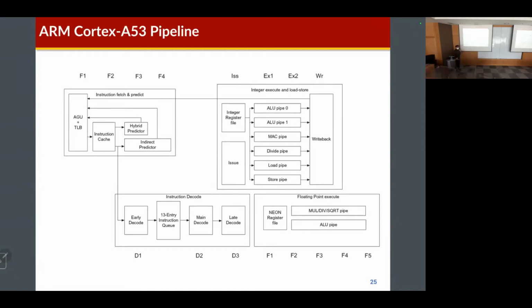Even though this is an in-order processor, the completion order is different. I will explain that. The architecture is more complex because we require a high performance processor, and a high performance processor requires a more complex architecture.